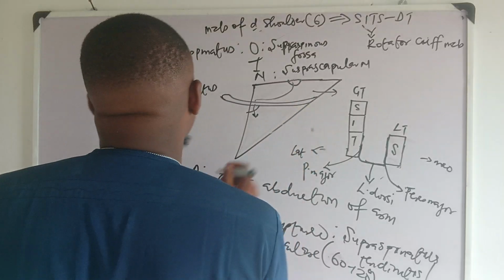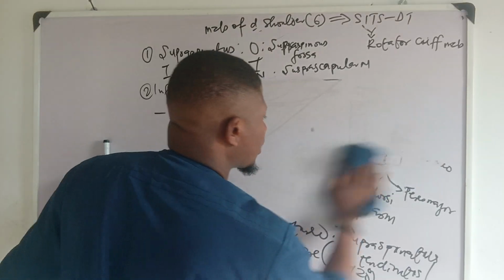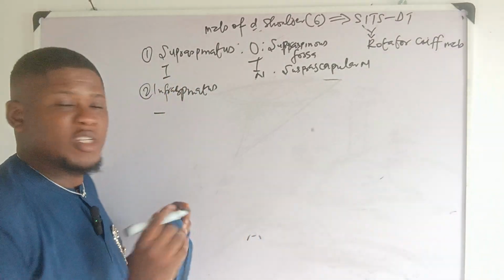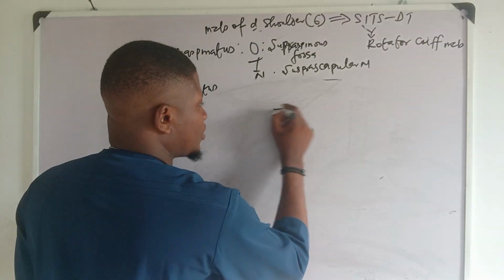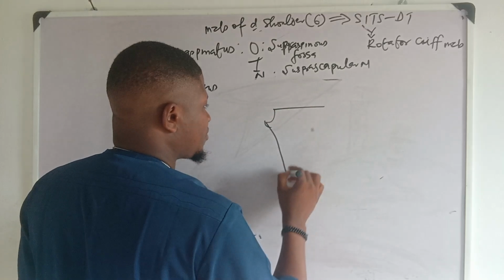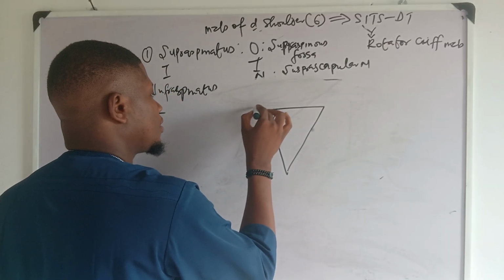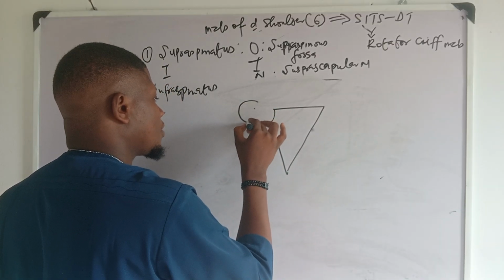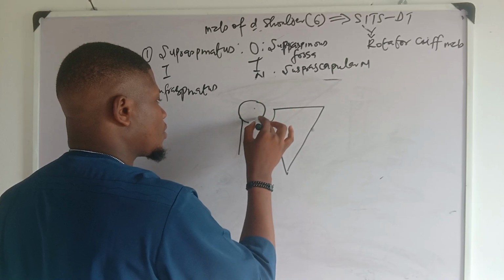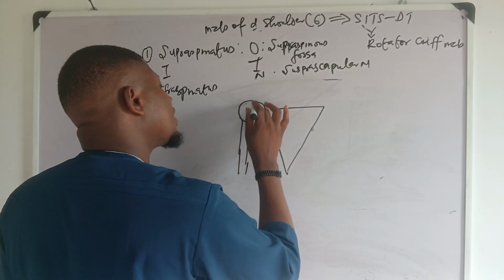Let me tell you generally what this rotator cuff muscle does. Let's say, for example, this is the scapula.